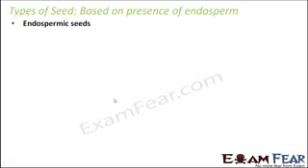Now, one sort of seeds are called endospermic seeds, and they are the ones which contain endosperm. What do we mean by containing and not containing endosperm? Endosperm basically is used as nutrition or nourishment by the embryo. Sometimes the embryo utilizes the complete endosperm and there is no endosperm left over.